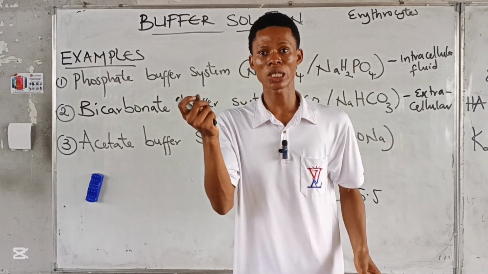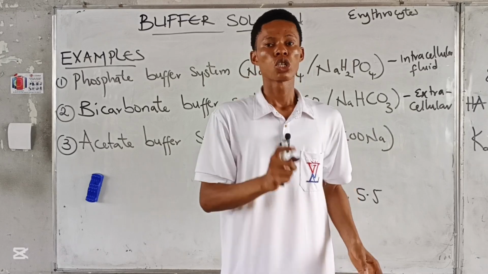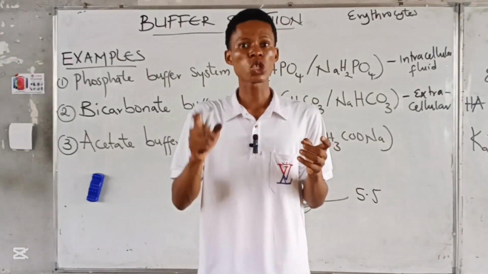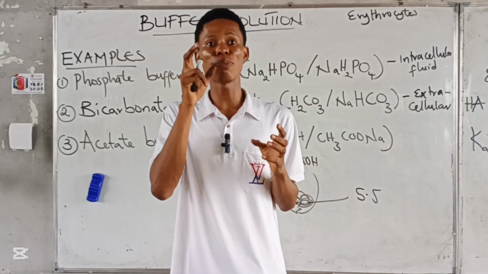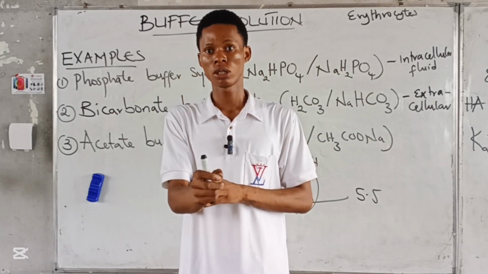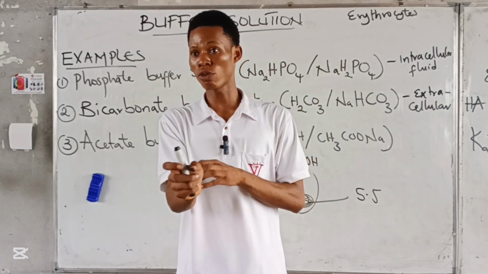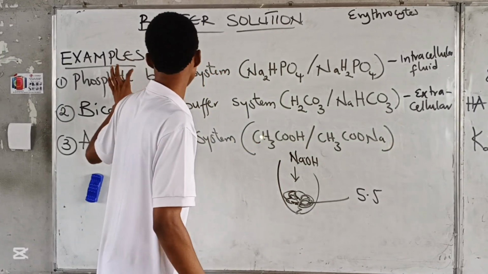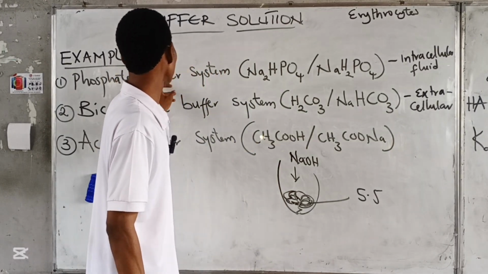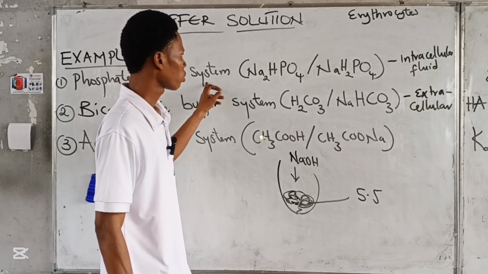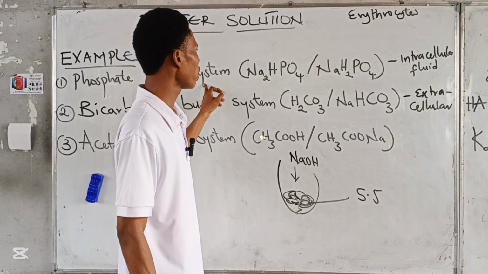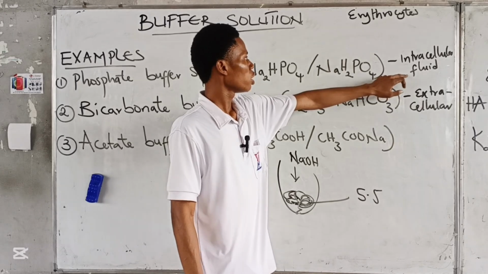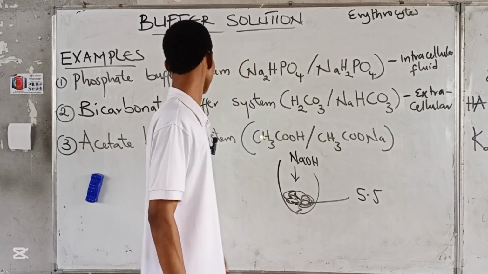It's insufficient to act as a buffer. So the phosphate buffer system is not the principal buffer system in the blood, because the phosphate ion level in the blood is low. But generally, the phosphate buffer system operates in the intracellular fluid.